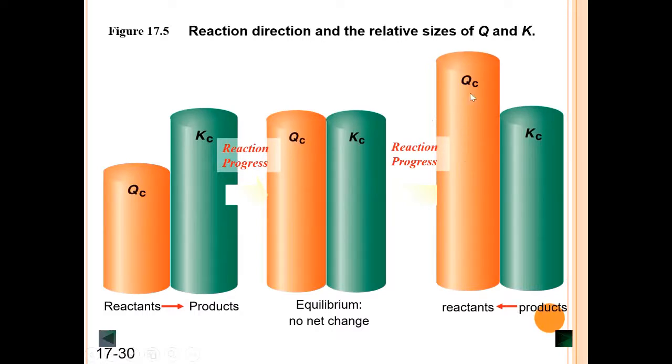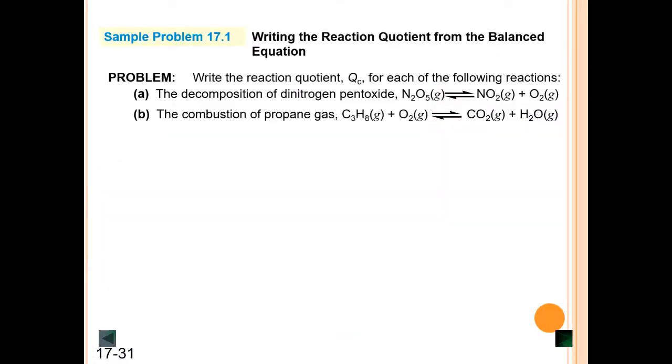If the Qc value is greater than Kc, the system is also not at equilibrium, so the Qc value needs to be decreased until it is the same as Kc. To do so, the reactant concentration needs to be increased, so the reaction is progressing to the left. So let's look at sample problem 17.1.